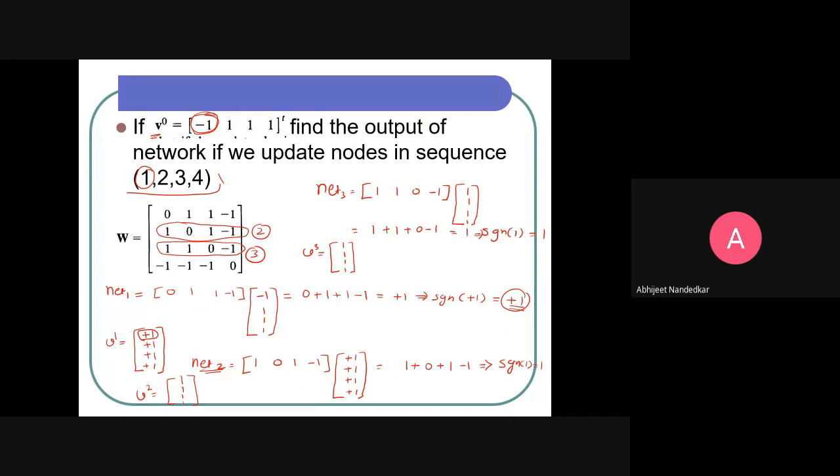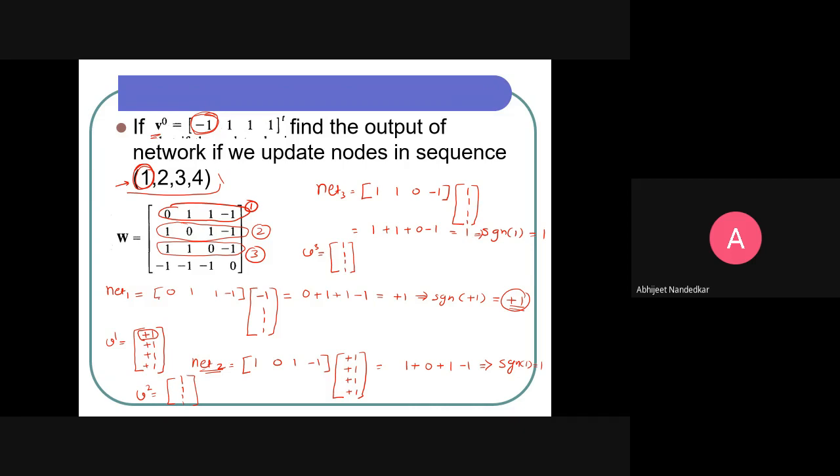So what is to be done now? In this case, this W is given to us. Now I am dealing with number 1, that is node 1 or neuron 1. So I will take the associated weights like this. So this is node 1.